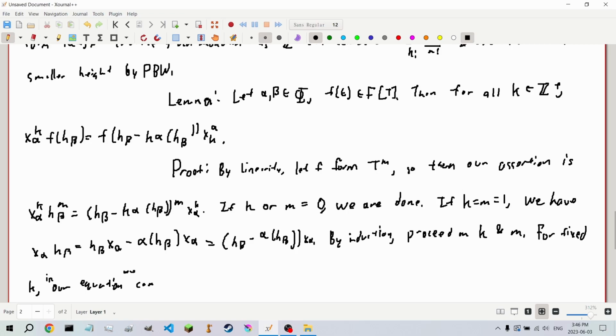In our equation we can increase M directly, just straightforward from manipulation of this equation.